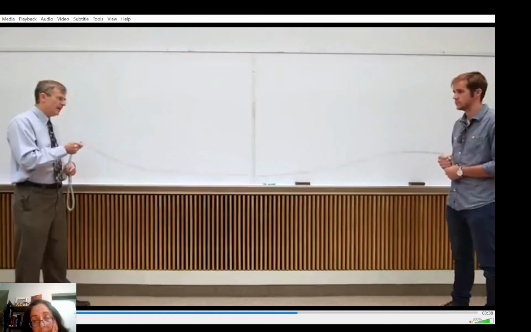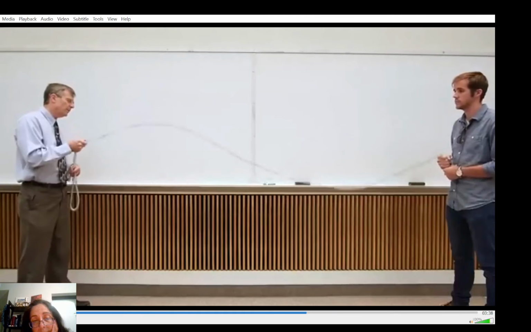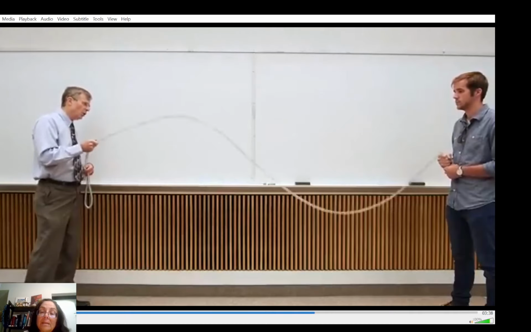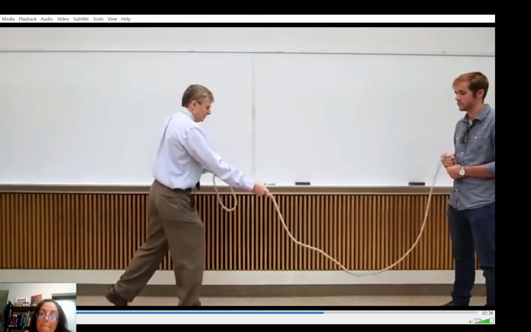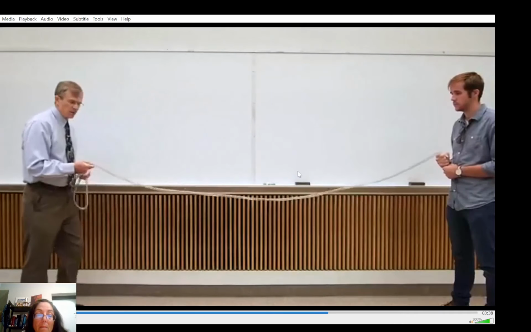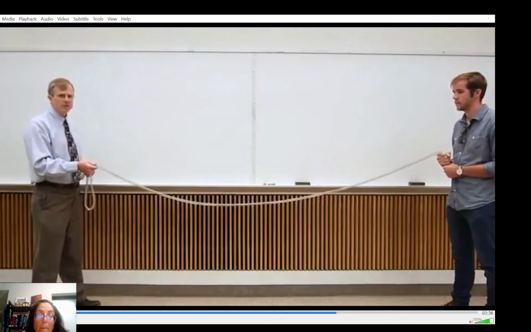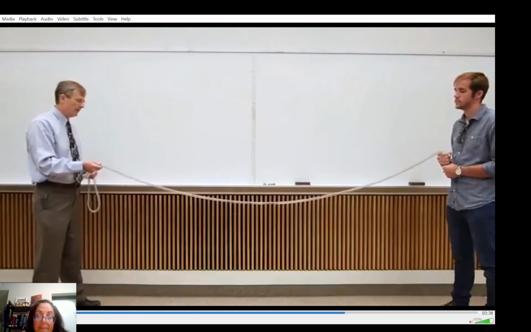It has a node that's exactly halfway between Parker and me. And that's a node where there's approximately no motion going on. Now I'm going to try and triple the frequency and get a standing wave pattern that coincides with the third harmonic or second overtone.